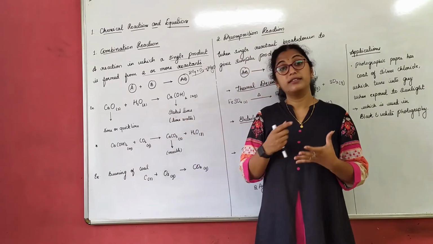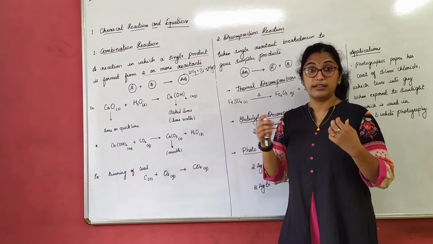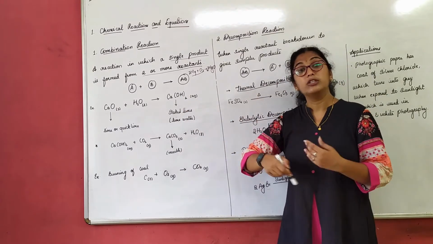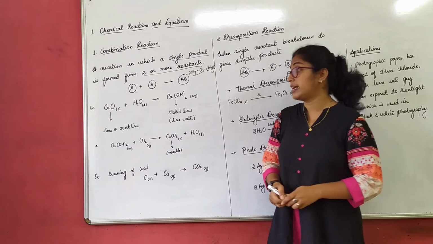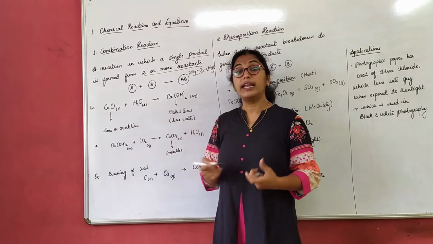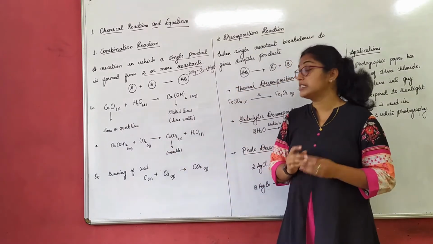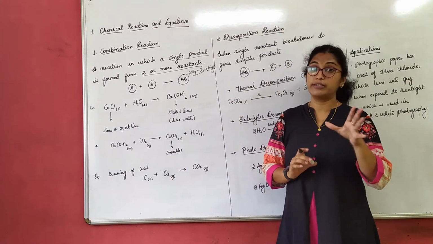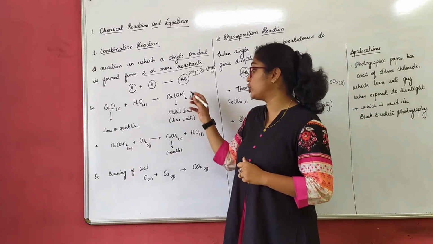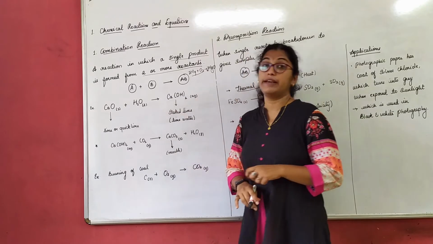You have a thing called lime water written on a bottle. That is nothing but calcium hydroxide. So how do you prepare calcium hydroxide? When we mix calcium oxide with water, that is quicklime added to water, it gives us calcium hydroxide, which is nothing but slaked lime. Now since we have written this equation, a little more information I would like to give you about the equation.